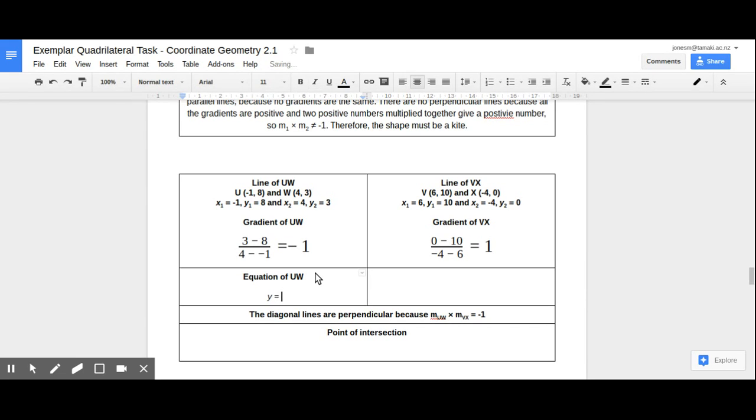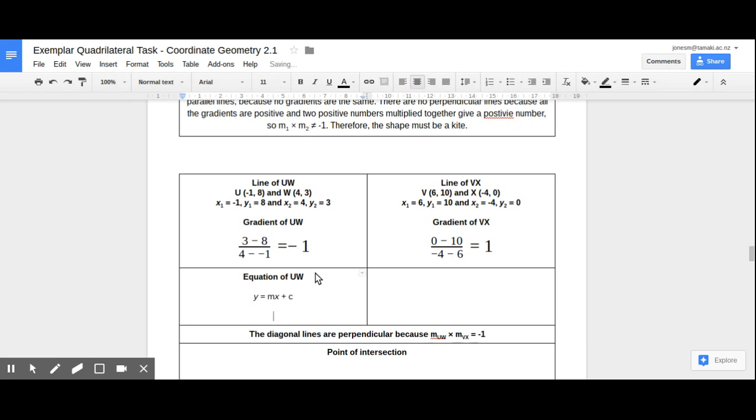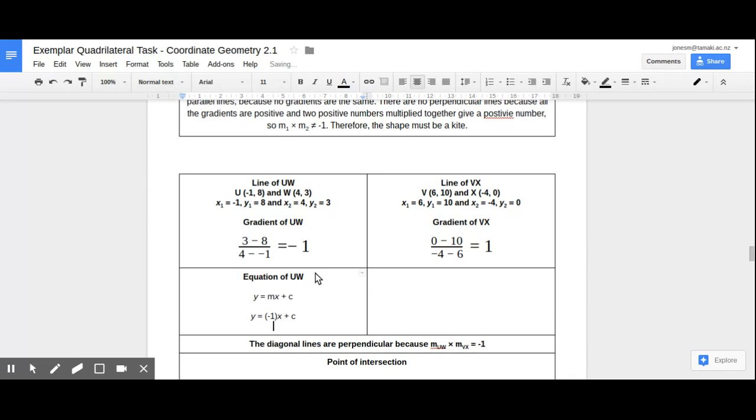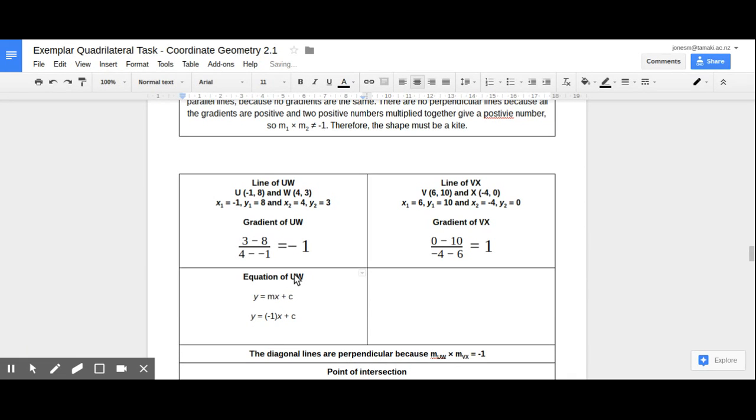Okay, so our formula of a line is y equals mx plus c. Our gradient m is equal to -1. And now we need to substitute in a y and an x.